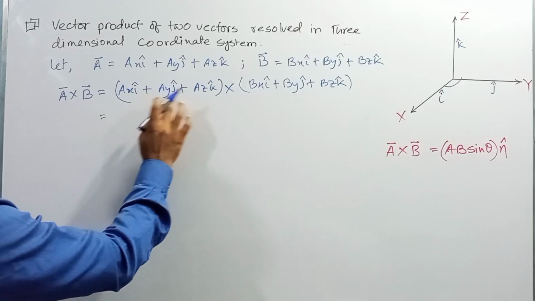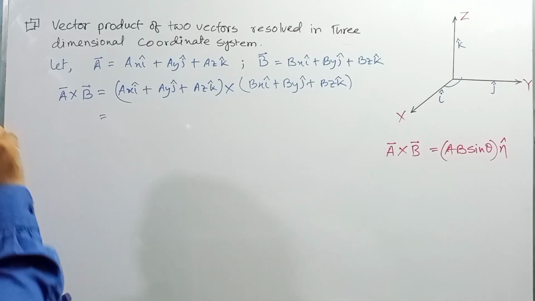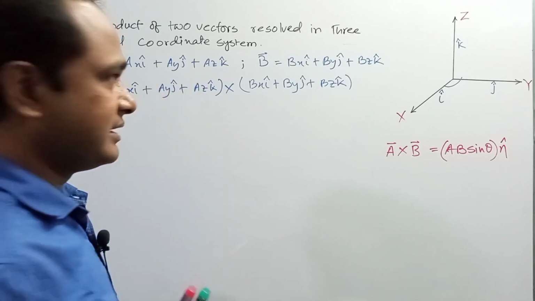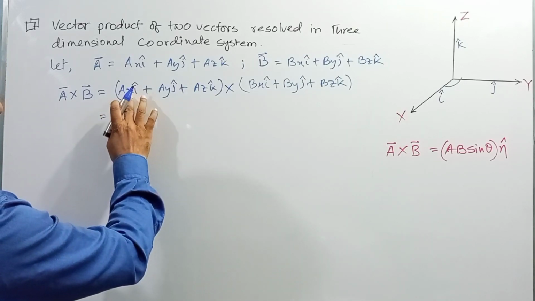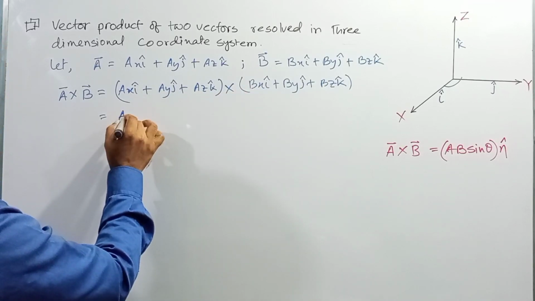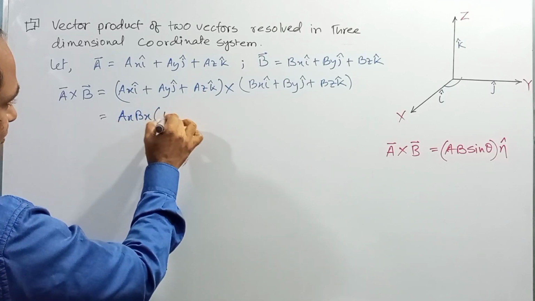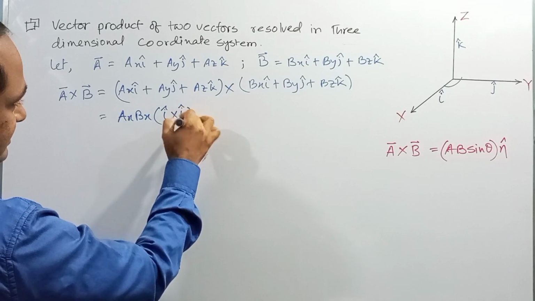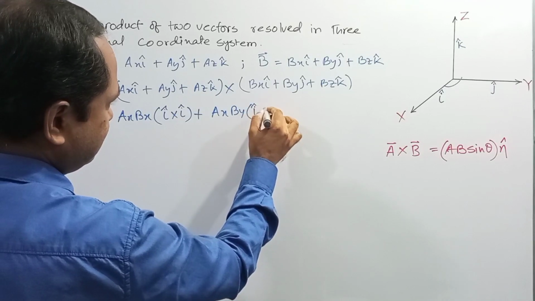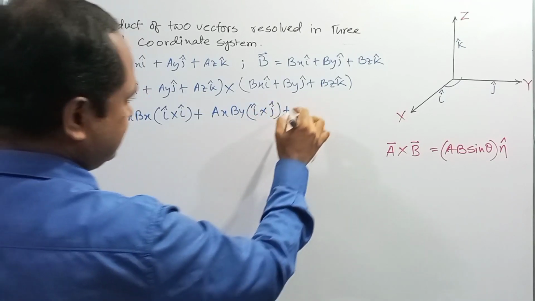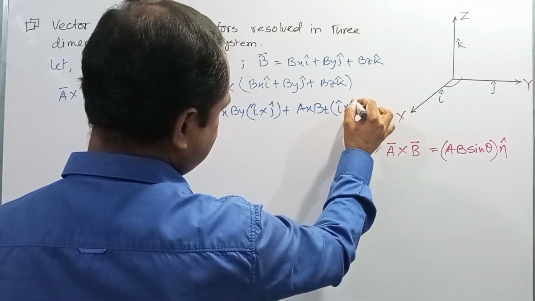Here ax, ay, az, bx, by, bz are magnitudes only, but you have to be careful about i, j, k. When we multiply axi with bxi, ax and bx are two magnitudes only, there is no problem, but you have to be careful about i cross i, right? Similarly ax by, so i cross j, and ax bz, so i cross k.